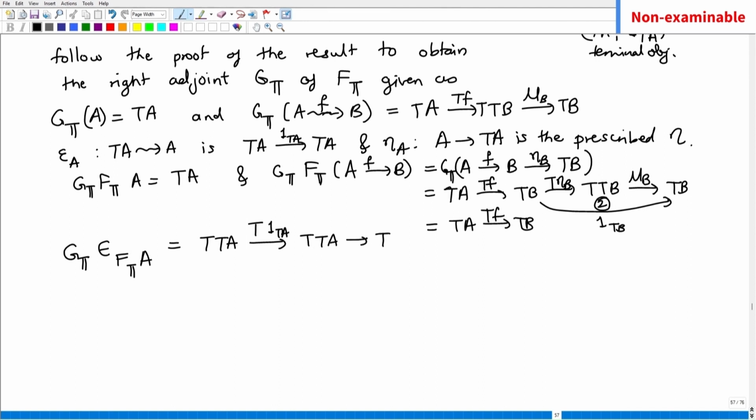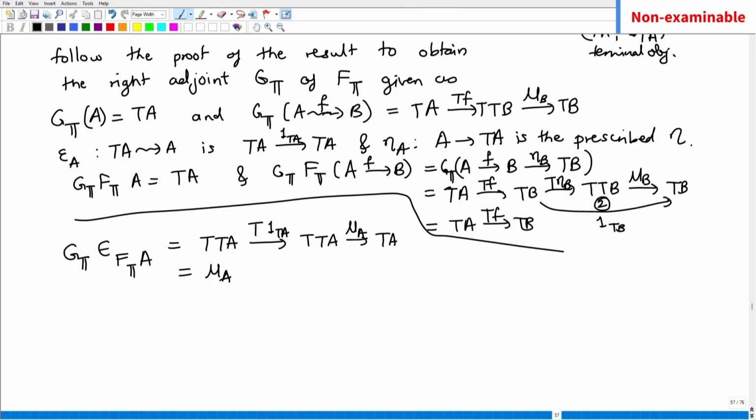And then you apply the multiplication mu A. Yes, this is in fact just equal to mu sub A. So mu sub A is precisely what we wanted to obtain. So the multiplication given by this particular adjunction, the Kleisli adjunction, is also mu.